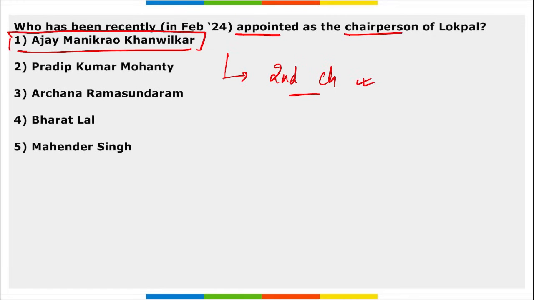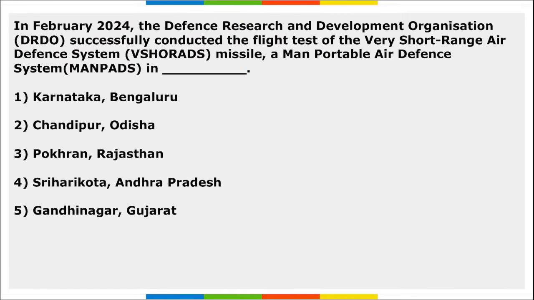Next, in Feb, DRDO successfully conducted the flight test of the Very Short Range Air Defense System missile, that is VSHORADS, a MANPADS. MANPADS is Man-Portable Air Defense System. So DRDO conducted the flight test of this Very Short Range Air Defense System missile. The question asked here is, where was this flight test conducted?